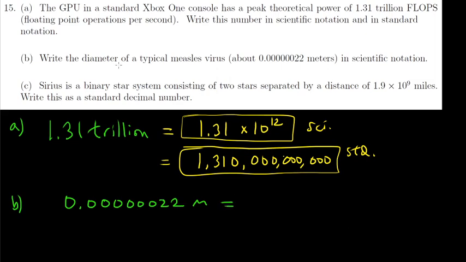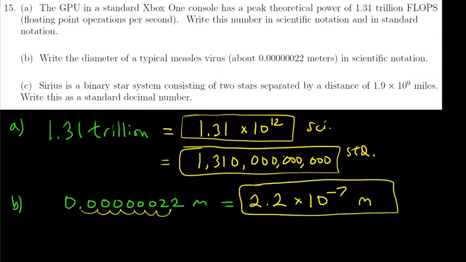Okay, so just move the decimal to the right until you get the decimal right after the 2. So 1, 2, 3, 4, 5, 6, 7 times, right? So 2.2 times 10 to the negative 7 meters. Yeah, so very tiny. You need a very good microscope to see a virus.